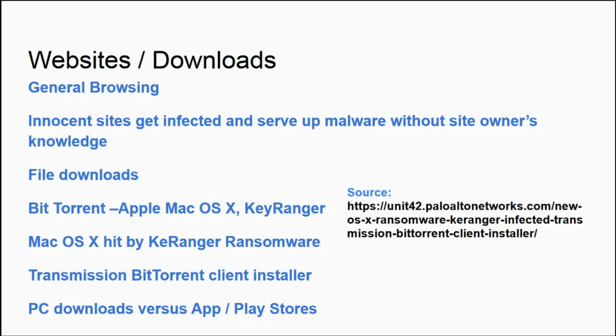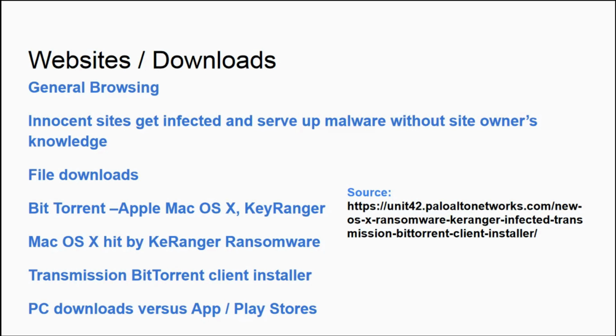File downloads are another dangerous area. So downloading files from the internet, whether it is a research paper, an executable, or a utility that you think is legitimate, can be fraudulent or carry some danger. It's not only Windows PCs that get infected either.